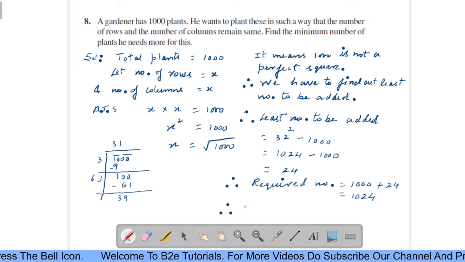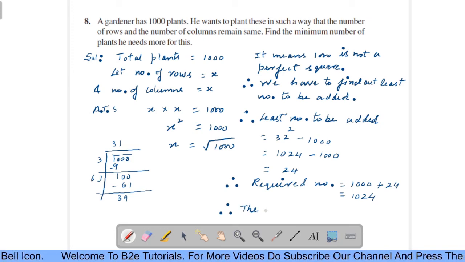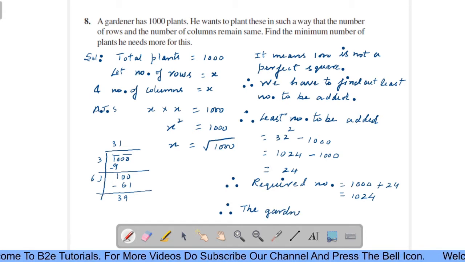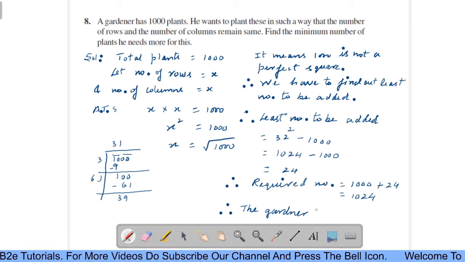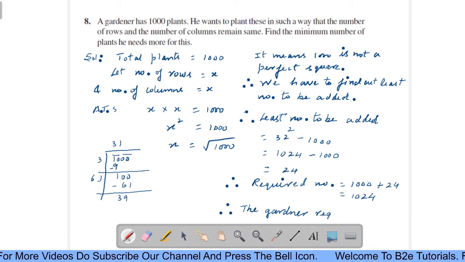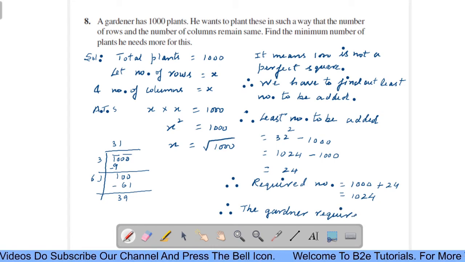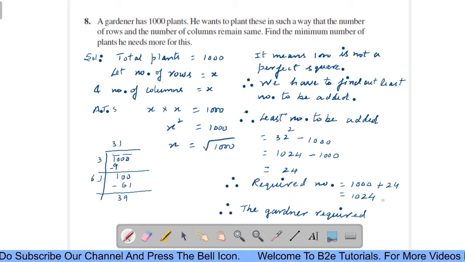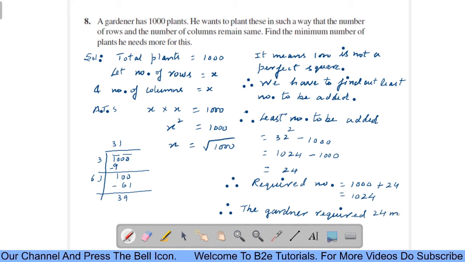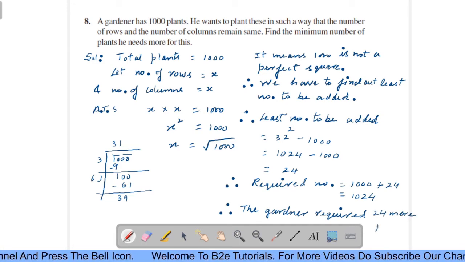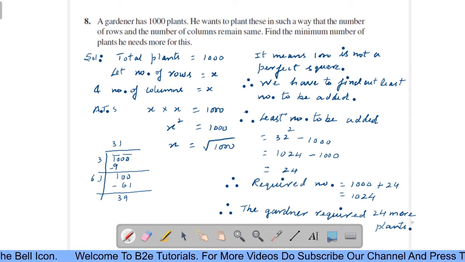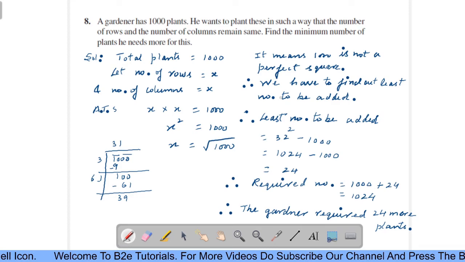The gardener requires 24 more plants. Now come to the next question.